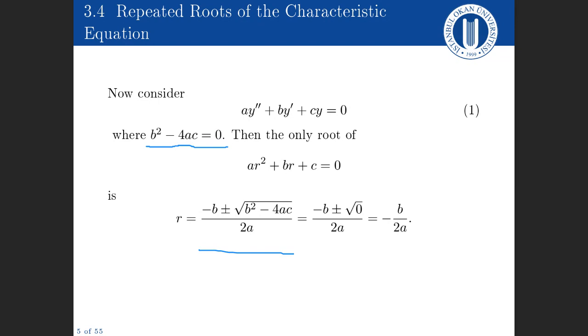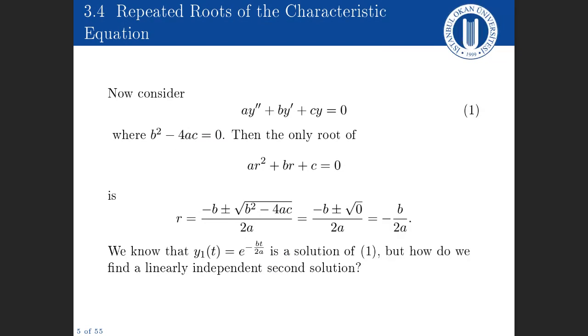But now, because b squared minus 4ac is equal to 0, it's minus b plus or minus 0 on the top. So we just get minus b over 2a. So we know one solution. We know that e to the power minus bt over 2a is a solution. But to be able to solve a second order equation, we need to have two linearly independent solutions. So how can we find our second solution?